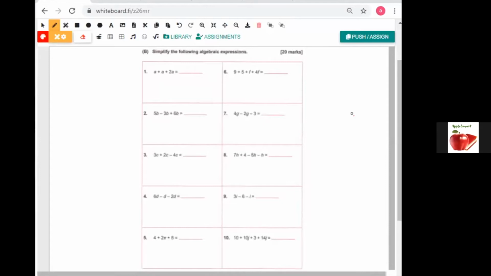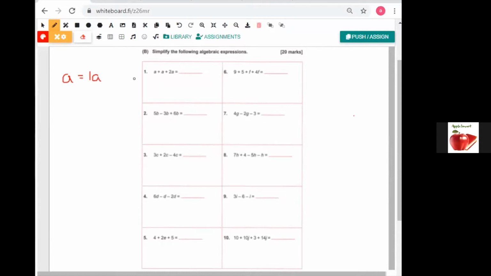And this one says, simplify the following algebraic expressions. In other words, they're asking us to collect like terms. So I would ask a student if they understood what A was. And I would explain that A is the same as having a 1A in front of it, that the 1 is understood, but it's not necessarily necessary to write it.